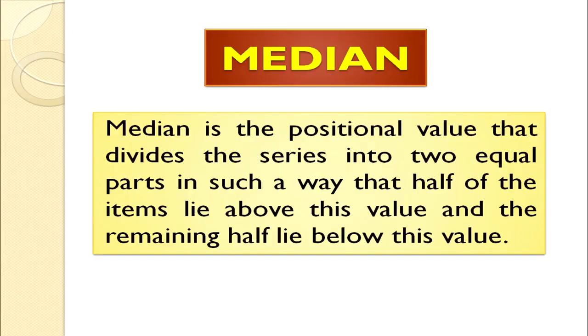After this, we can discuss median. Now what is median? Median is the positional value that divides the series into two equal parts. How does it divide? It divides in such a way that half of the items lie above this value and the remaining half lie below this value.